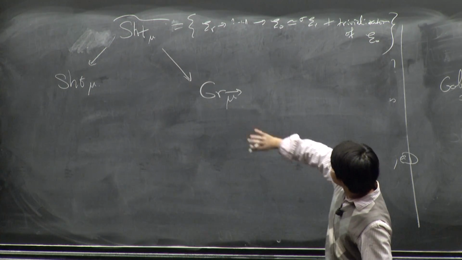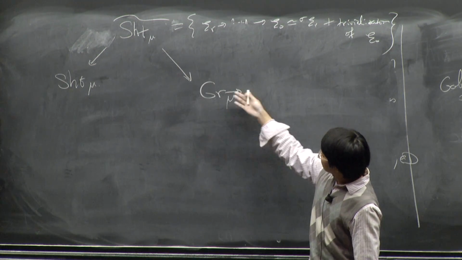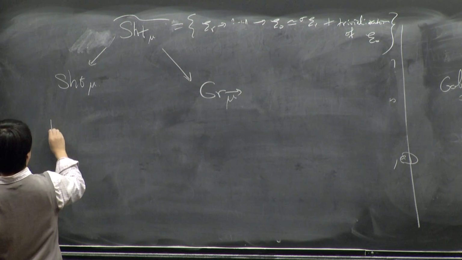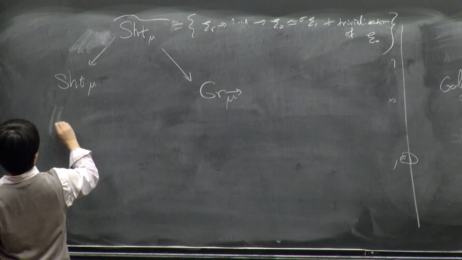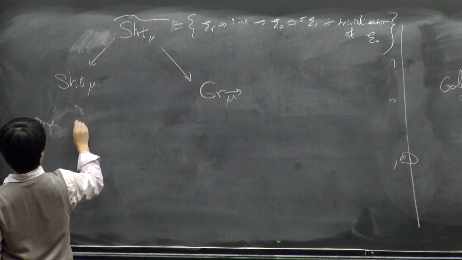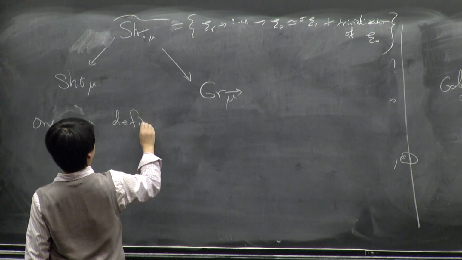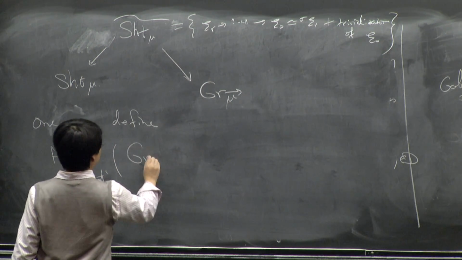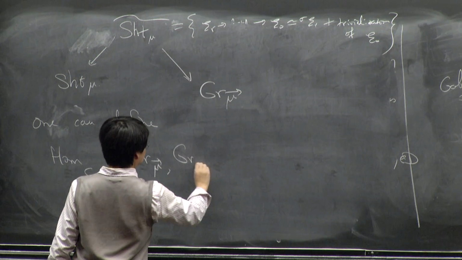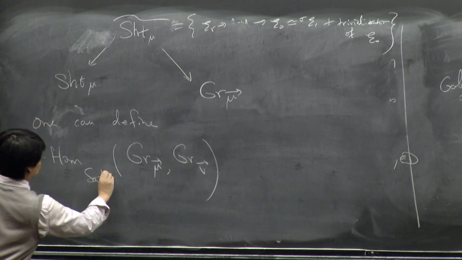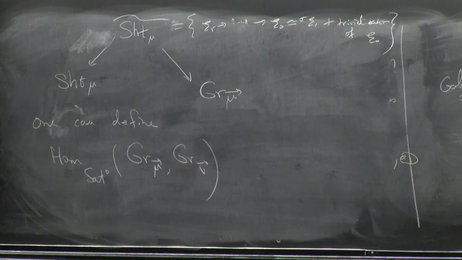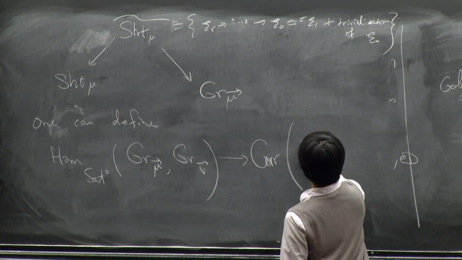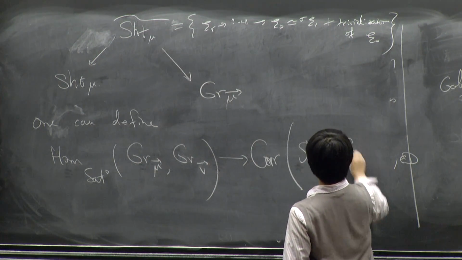So it turns out one can naturally define a homomorphism using this, a homomorphism from this Hecke algebra, in this category, to some correspondences between Shtuka mu and the Shtuka.